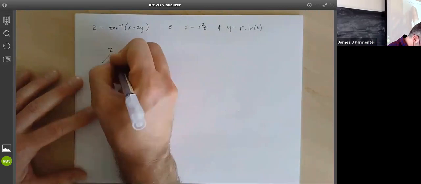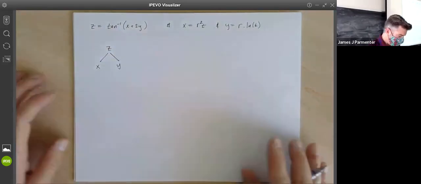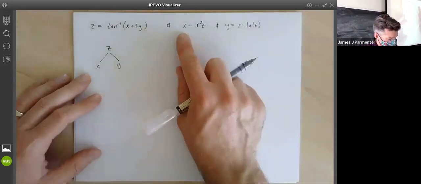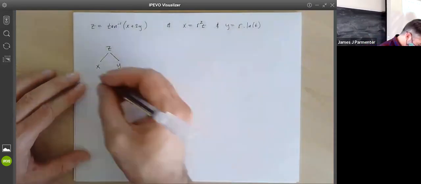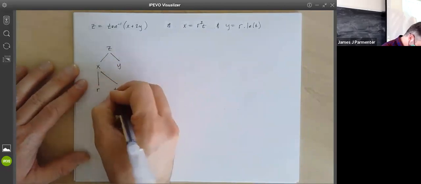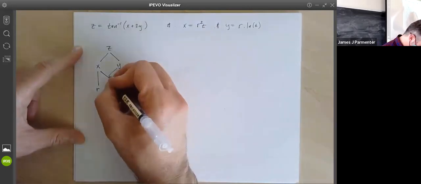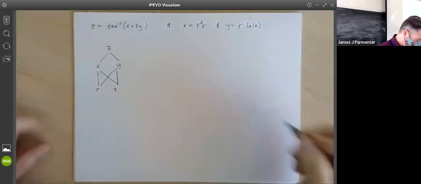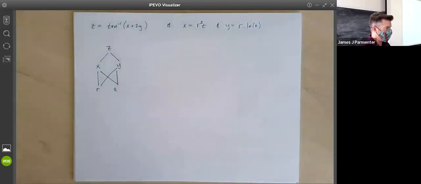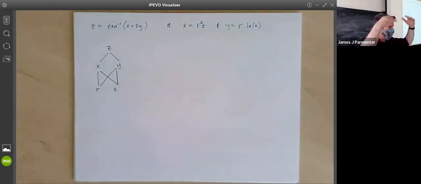So at the first level, z depends on x, z depends on y. And then I say, well, what does x depend on? Oh, x depends on r and t. And y also depends on r and t. Doesn't matter which order you draw them in, as long as from top to bottom it's the same sort of way. So z is above x and y, which are above r and t.